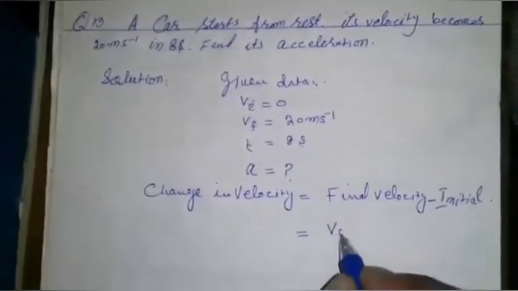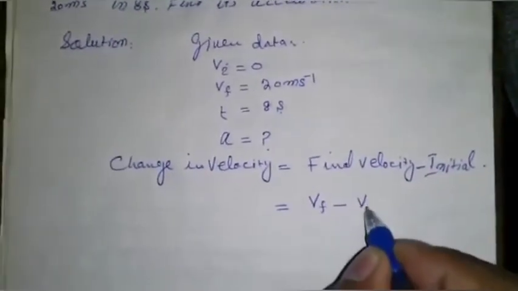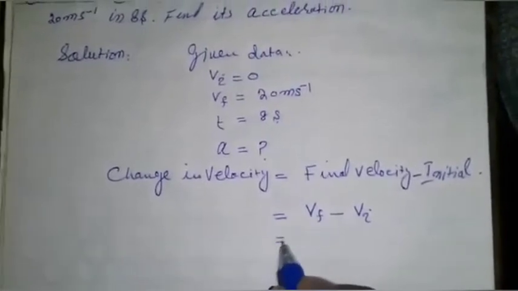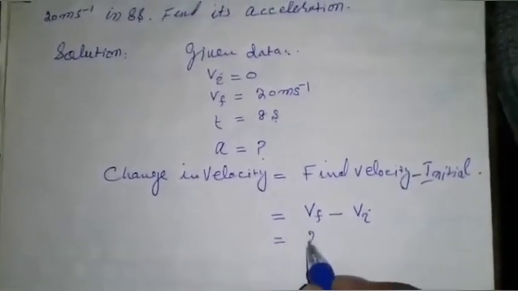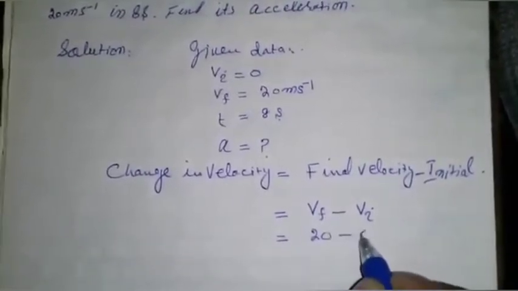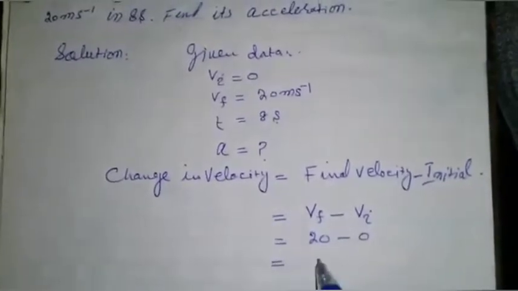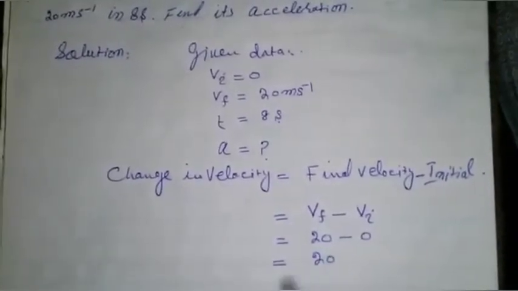Final velocity Vf, initial velocity Vi, which is equal to 20 minus 0, which is equal to 20.